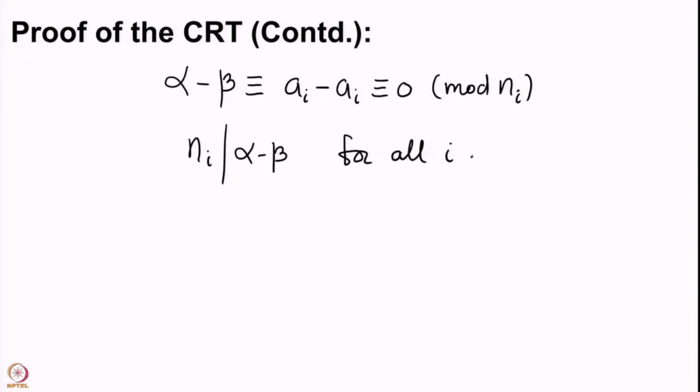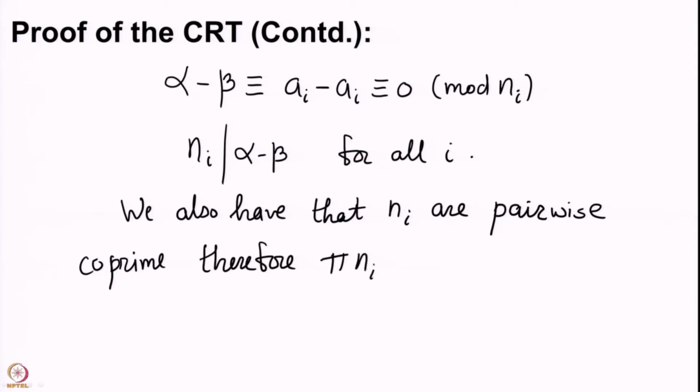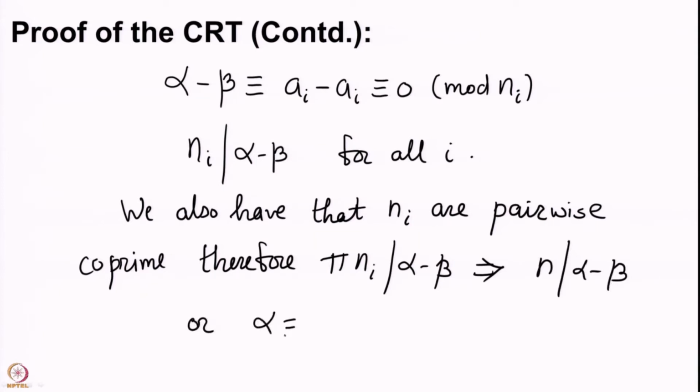But if ni divides alpha minus beta and we also have that ni are pairwise co-prime, therefore, the product ni is going to divide alpha minus beta, which says that n divides alpha minus beta, or that we have alpha congruent to beta modulo n.